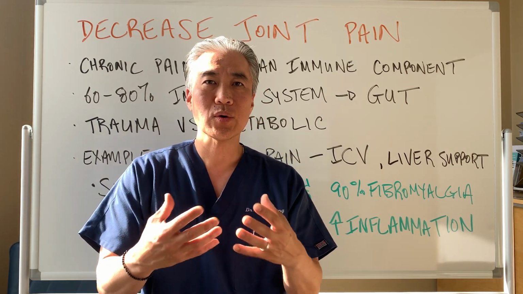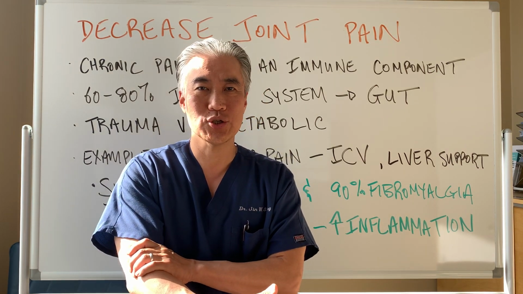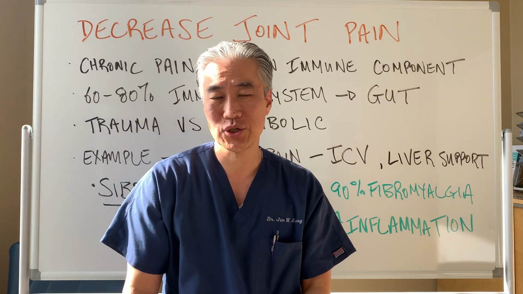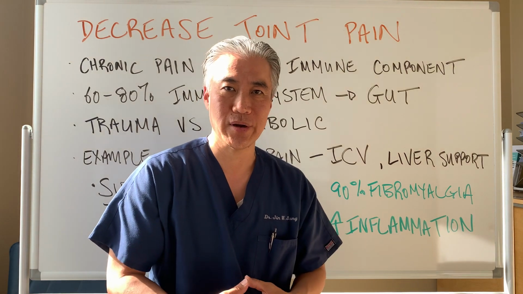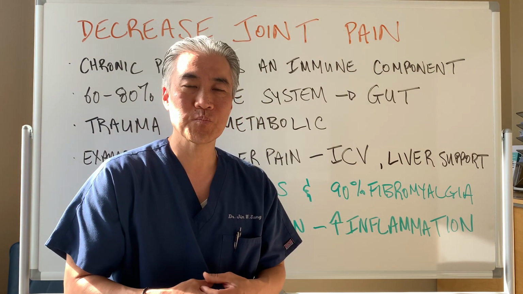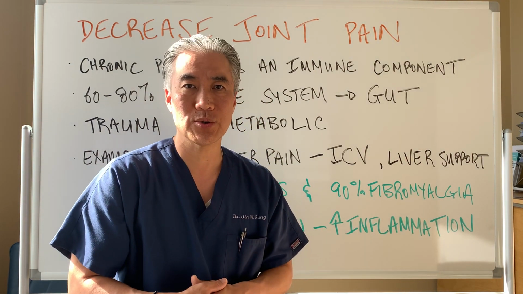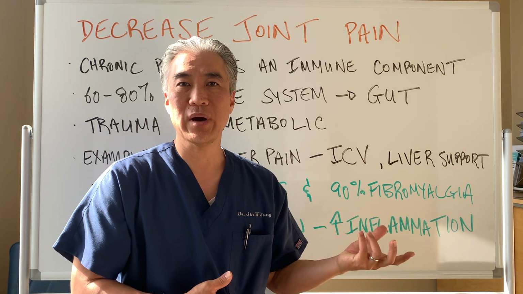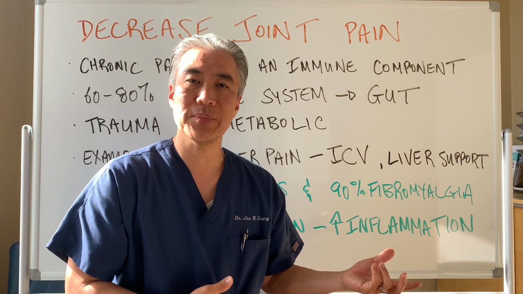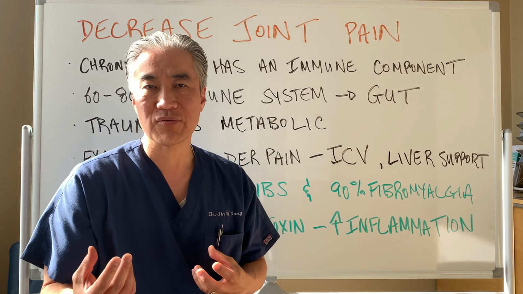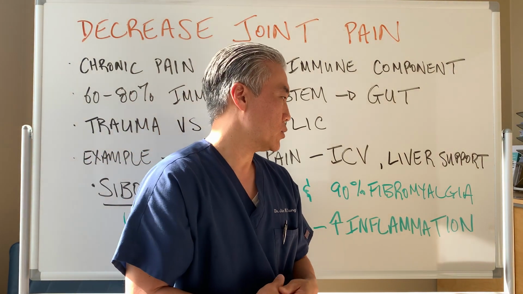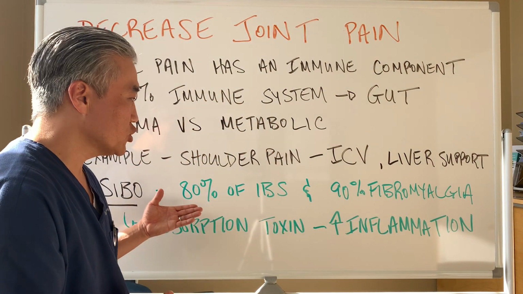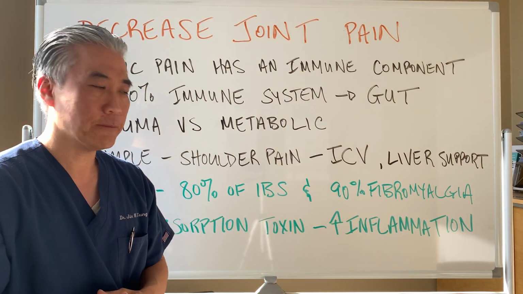So it can localize to, let's say, an elbow issue or a shoulder issue or a knee issue that's persistent, right? There's no structural damage there, but it can be painful. And some people can have some osteoarthritis, but there are people who have arthritis have very minimal pain, and people who have a little bit of arthritis have quite a bit of pain. The underlying factor can be organic or issues of the GI tract, okay?